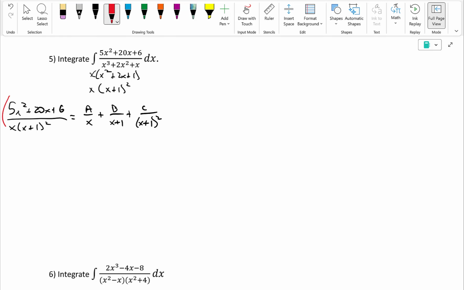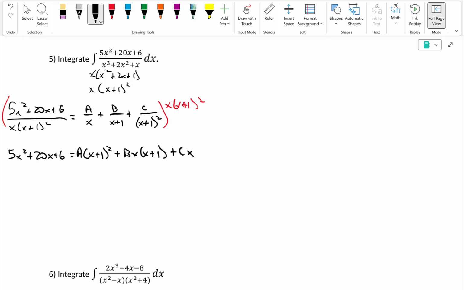And if we multiply both sides by the LCD, we end up with 5x squared plus 20x plus 6 equals a times the quantity x plus 1 squared plus b x times x plus 1 plus c x. And then starting with our zeros, if x equals 0, we get 6 equals just a there.